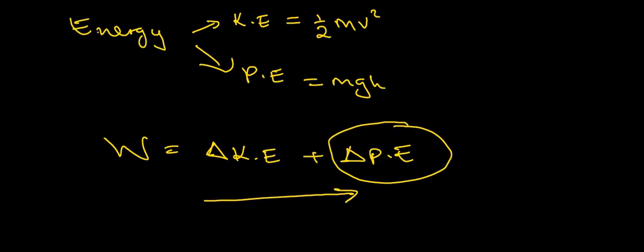There is no height, it's just moving in a flat straight line. So we cannot have potential energy if something is moving on the x-axis, because height has to be on the y-axis. No wonder potential energy is 0.